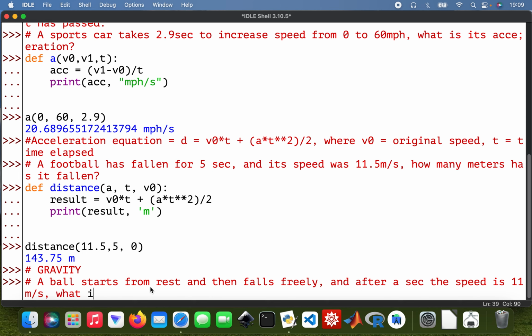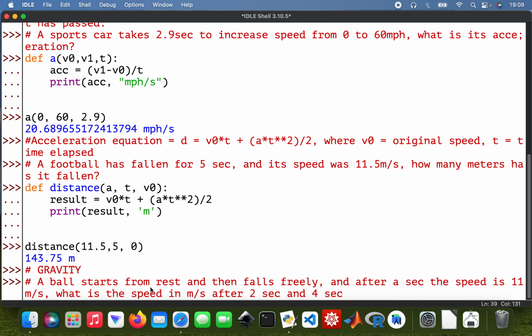So what is the speed in meters per second after 2 seconds and 4 seconds?